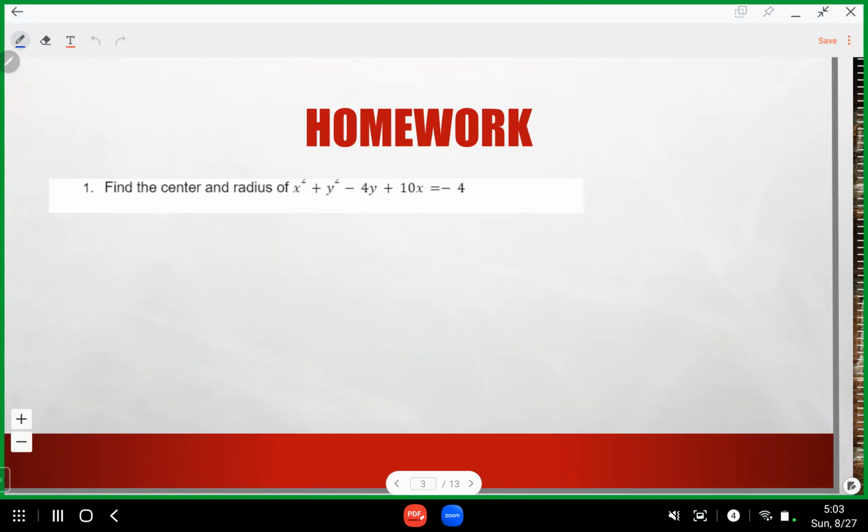Find the center and the radius of x squared plus y squared minus 4y plus 4x is equal to -4. So I'll give you a couple moments to do this, and then we can go over it.